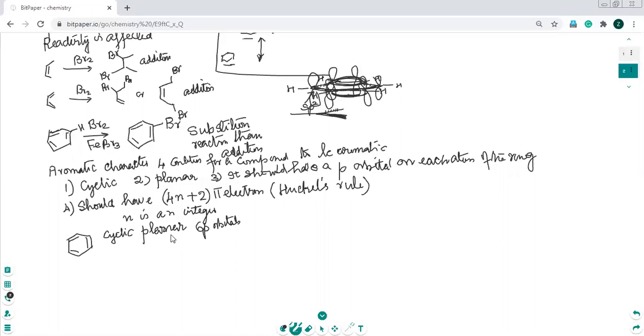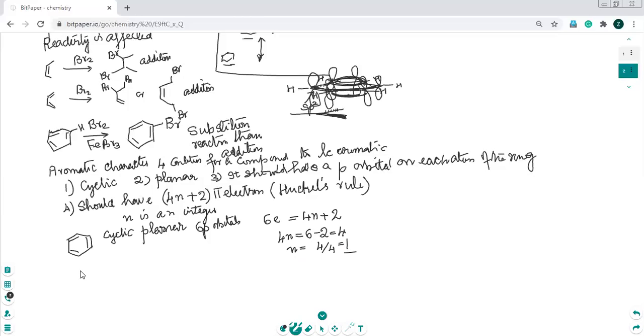Look, how many pi electrons are there? 3 double bonds, 6 pi electrons. So 6 should be equal to 4n plus 2. This is how you have to calculate. Therefore 4n equals 6 minus 2 equals 4. Therefore n equals 4 upon 4 equals 1, a positive integer. So the molecule is aromatic. Is it clear?